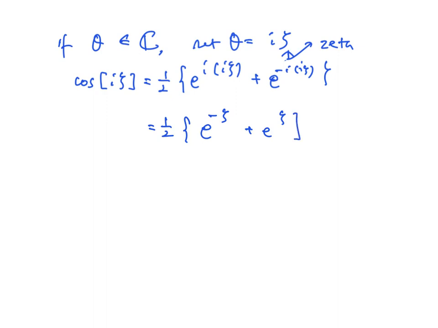And this function is also familiar to you. This is cosine hyperbolic theta, right? So in complex domain, cosine i theta is cosine hyperbolic theta. So you can actually define complex angle.